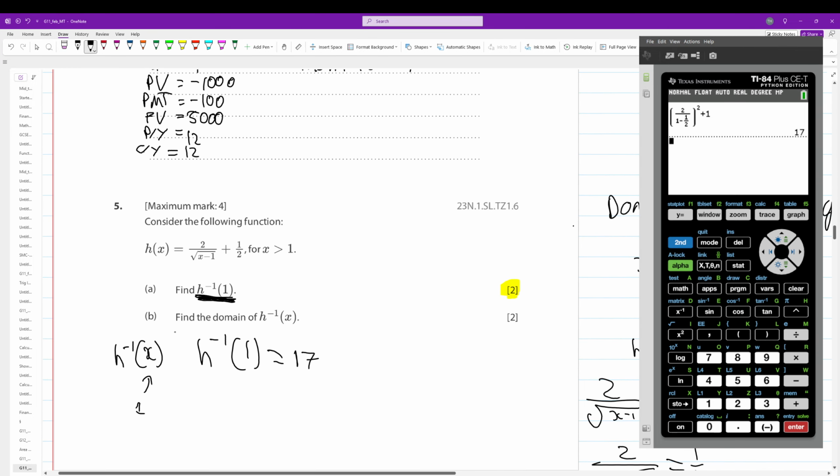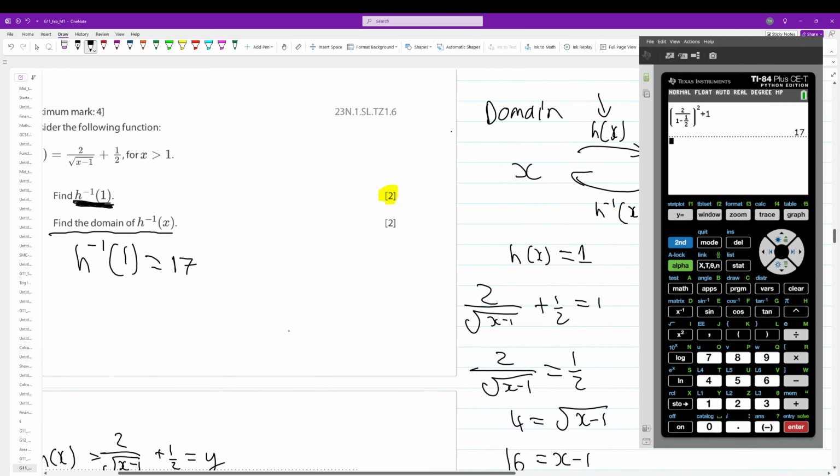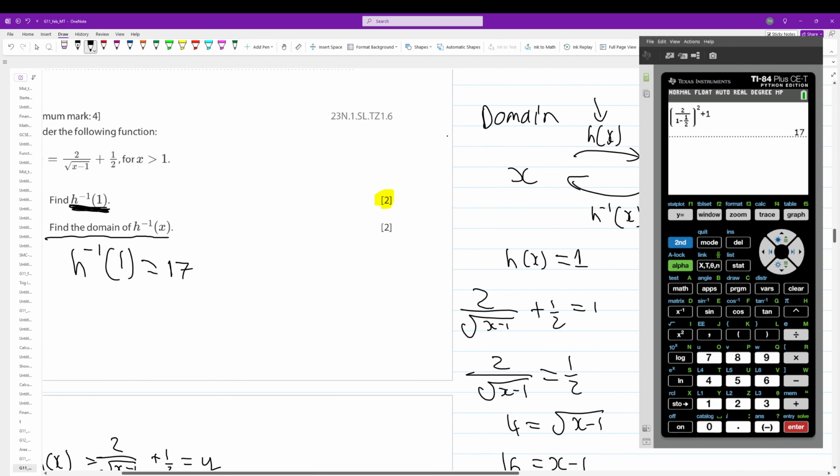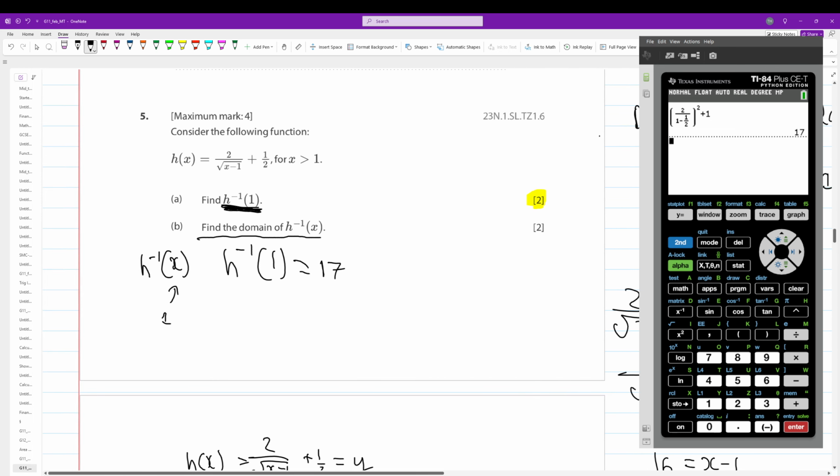Okay, find the domain of h minus 1. Well, the domain of the inverse is the range of the normal function. So this drawing that I did earlier is relative to the regular h of x. Our range of the normal function is all the y values.